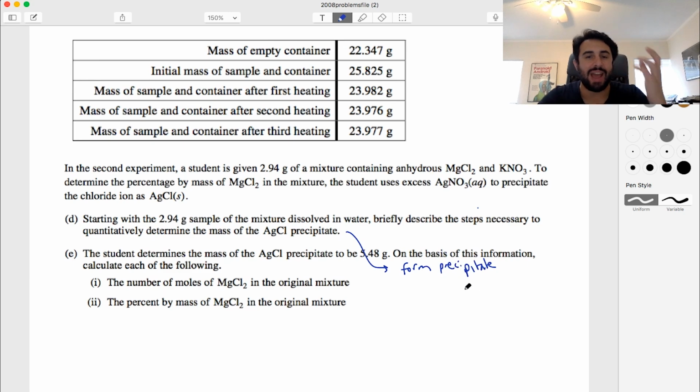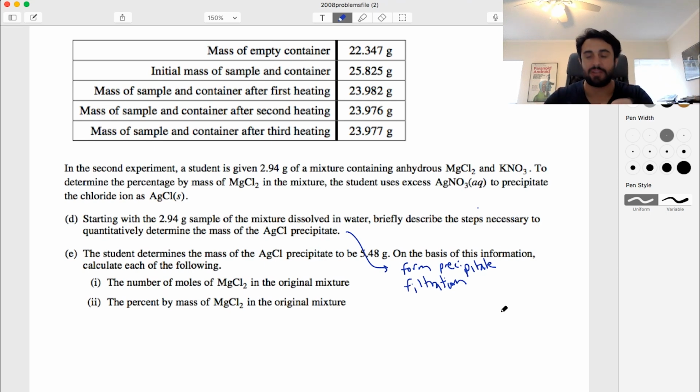And then once we have the precipitate, we can separate this by filtration, right? Because the easiest way, if you want to separate substances, if they're in different phases, that's very easy to do. We want the solid, and we don't want the solution, right? So we're going to pour that onto some kind of a filter flask, right?